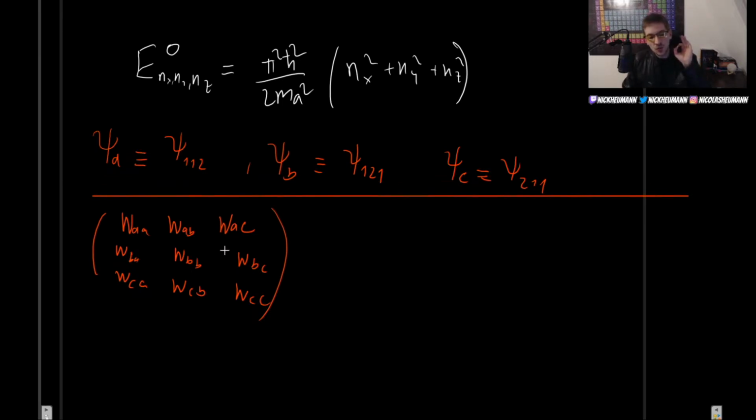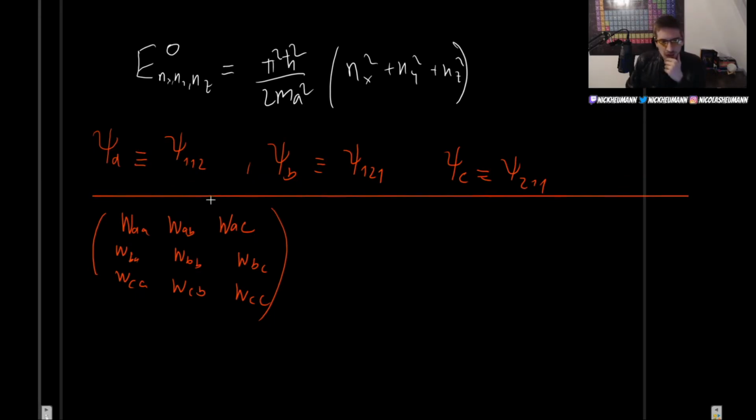Okay, and we knew that we needed to diagonalize this. We needed to find its eigenvalues, because those eigenvalues are the energy corrections to the first excited state. If you don't know why that is, then you must check out the previous video in this playlist, because we explained it there, and it's very, very important that you understand that.